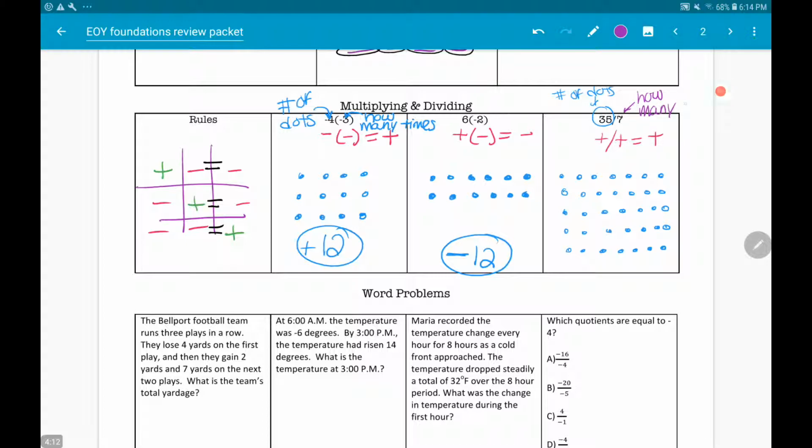How many groups of 7? So I count. 1, 2, 3, 4, 5, 6, 7. That's one group. 2 groups. 3 groups. 4 groups. 5 groups. So my answer is +5.